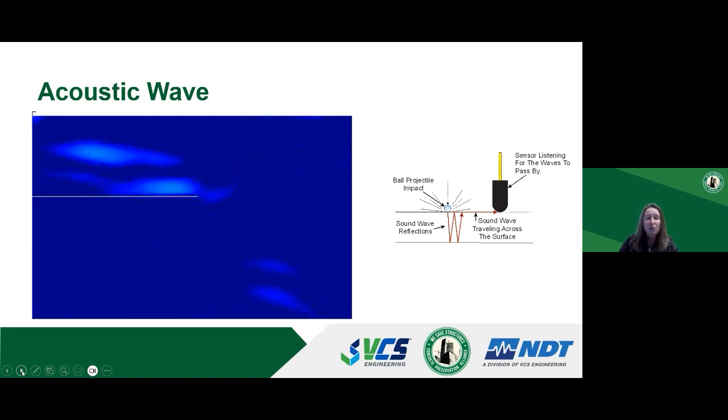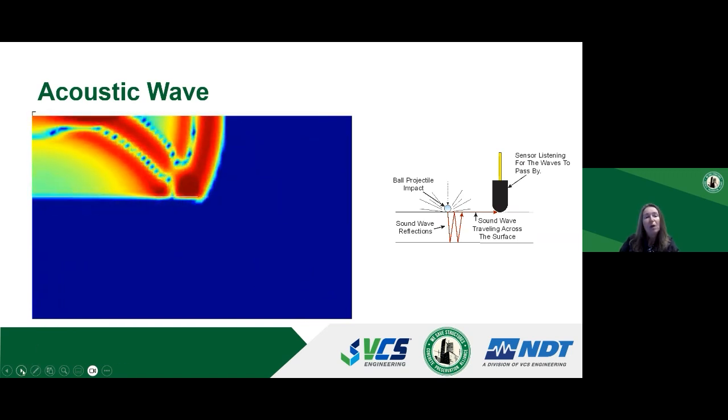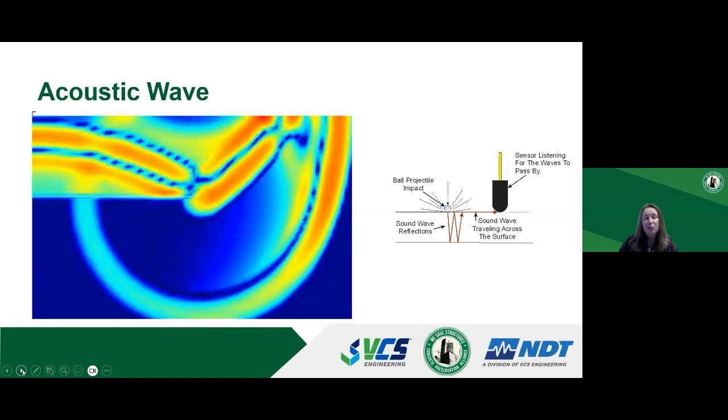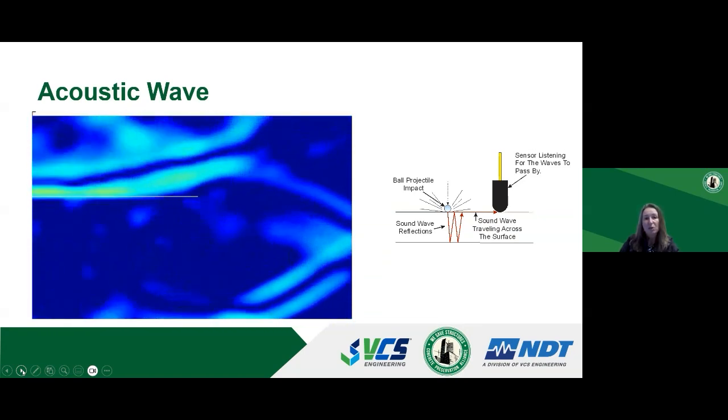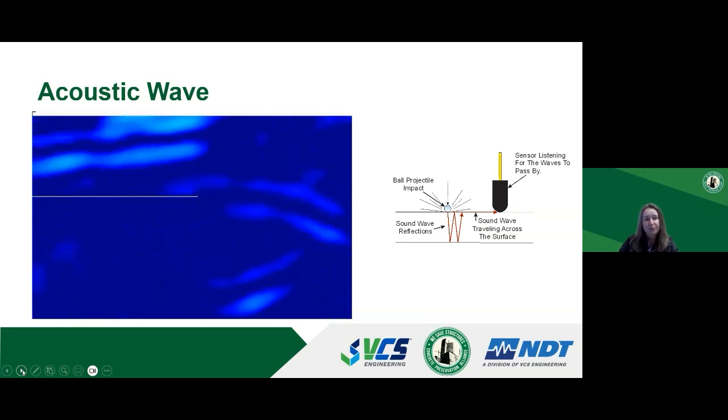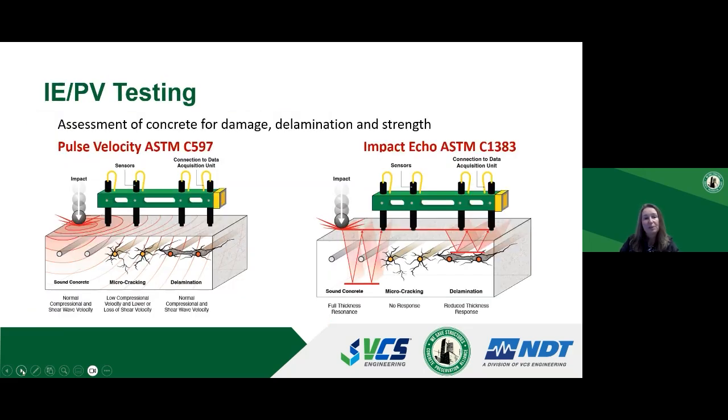So as you can see in the video, the wave travels around the defect, so the defect can be easily identified. In an area that is free of defects, the wave is reflected from the back surface of the concrete element. Next, please.